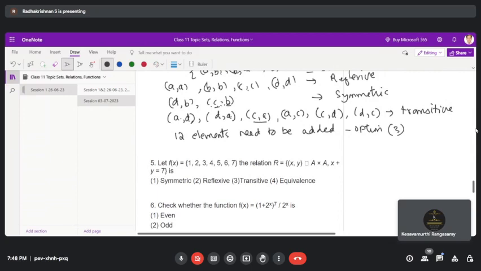Meanwhile, in your school, have they completed this and moved on to the next chapter? Yes, sir. Moved on to the next chapter. What is the next chapter? I think algebra, no? Basic algebra, sir. Okay. Have they finished it or are they still teaching it? Still going, sir. So for some it is completed, for some it is still going. Okay. But next week it will again be sets and these relations and functions.